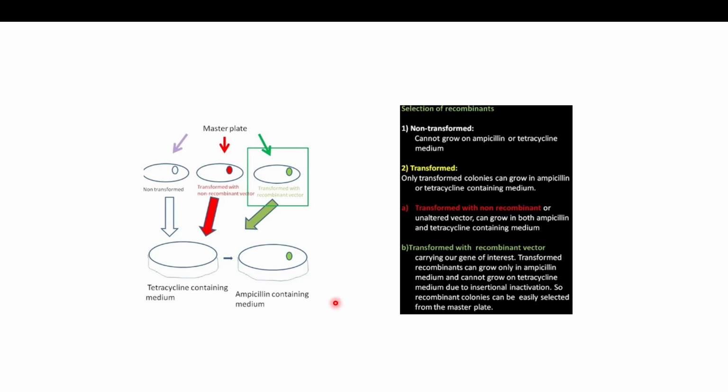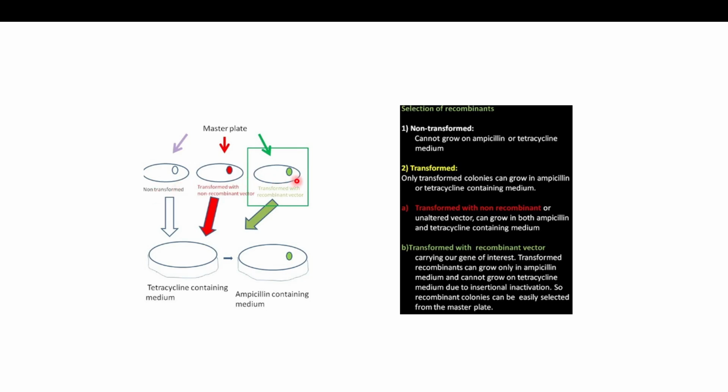Now, this is something that needs to be understood a little carefully. You have your cells that are transformed. Suppose this is the nutrient medium where all the bacterial cells are plated, and we have tried to put recombinant DNA inside these cells.